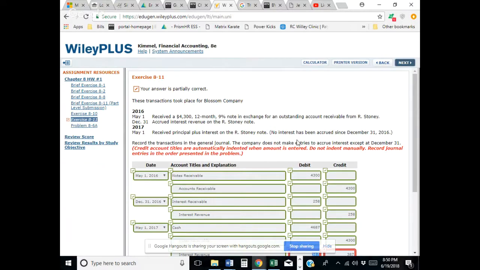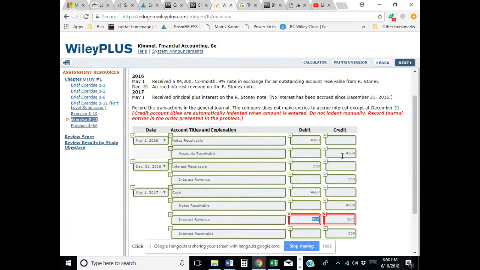Right here in the parentheses, it says we're only accruing the interest one time. I'll show you how we do that. I can't show you the steps because I went through everything on all three attempts, but you drop them in here, click this arrow, and it gives you three dates to choose from.